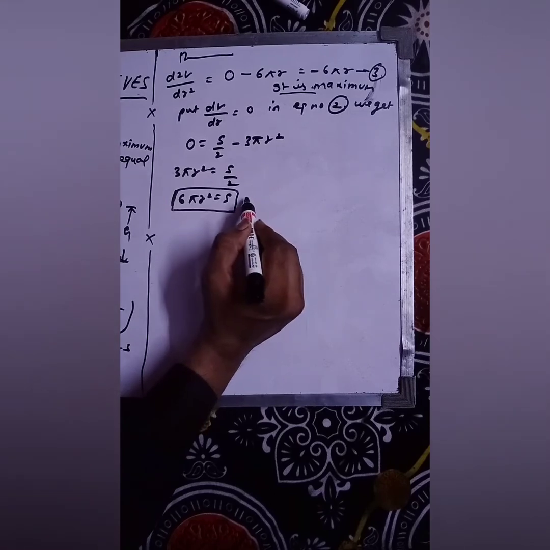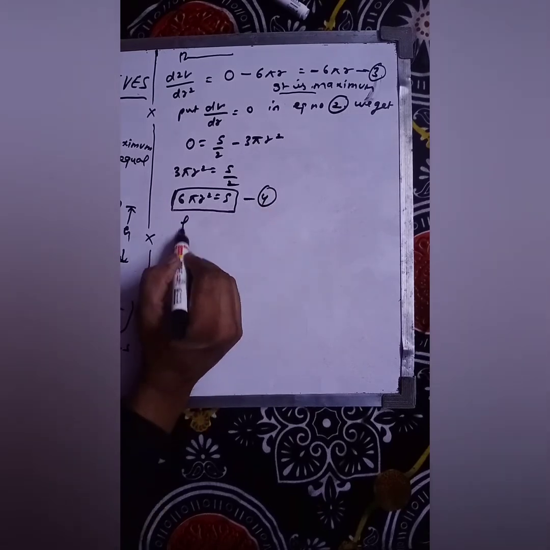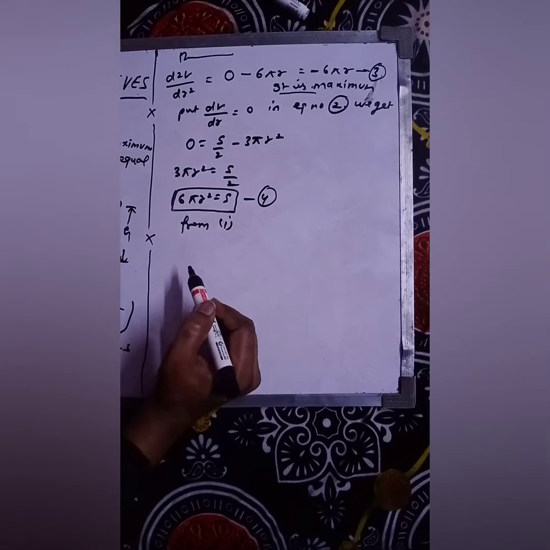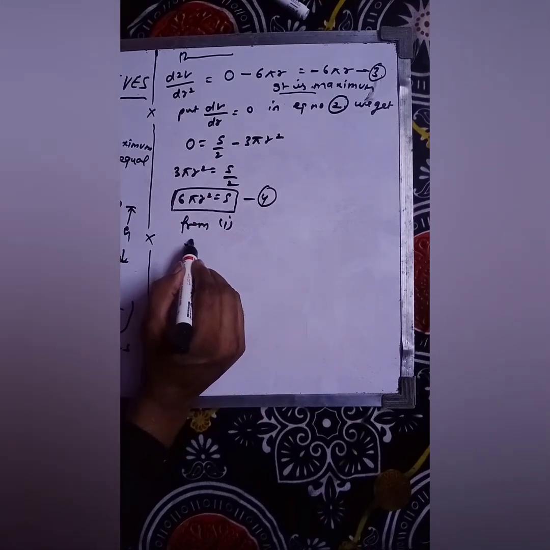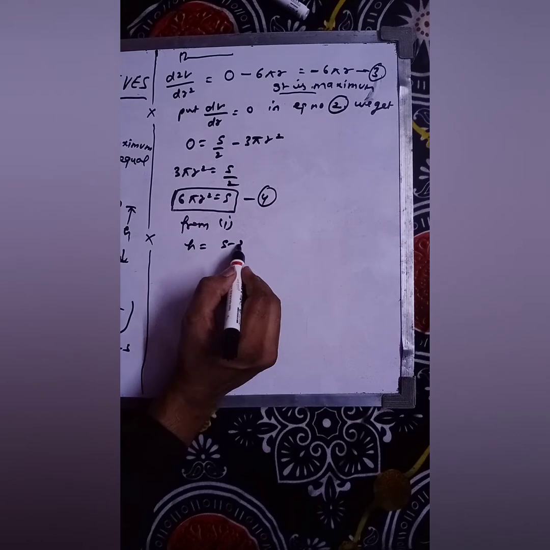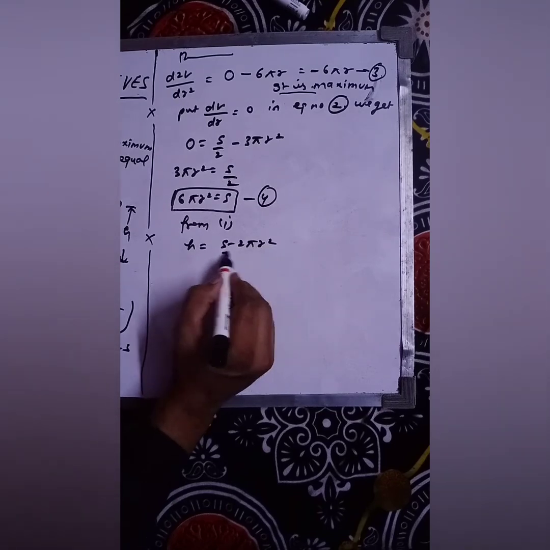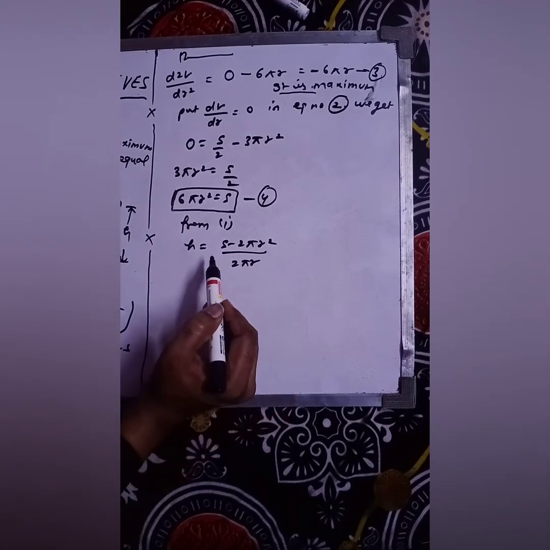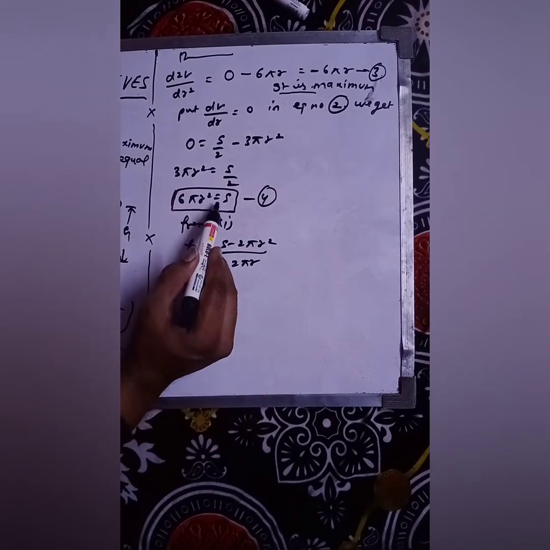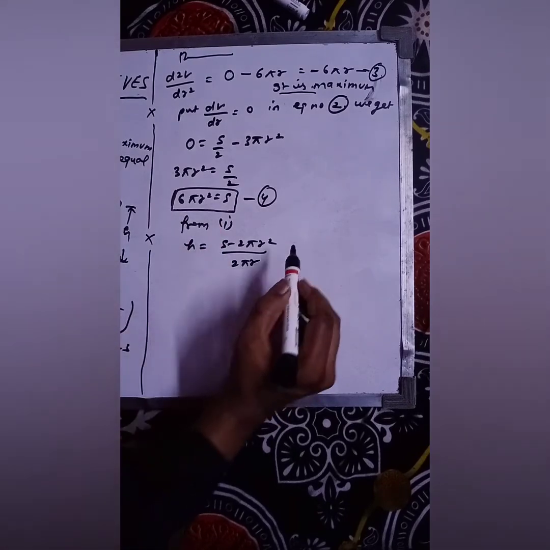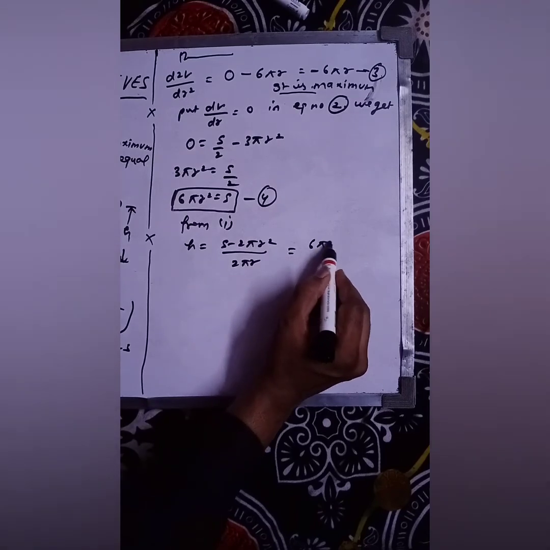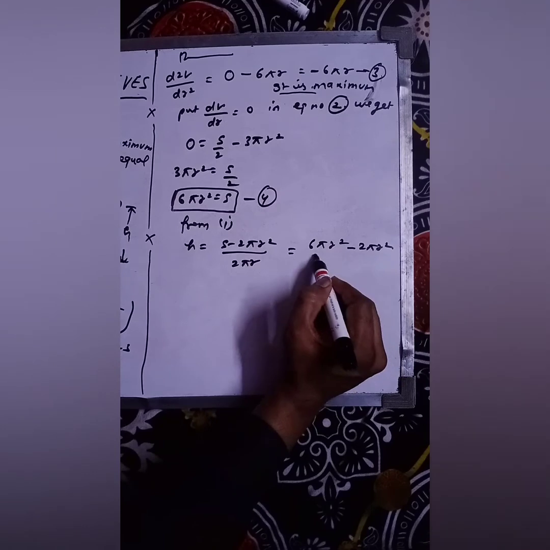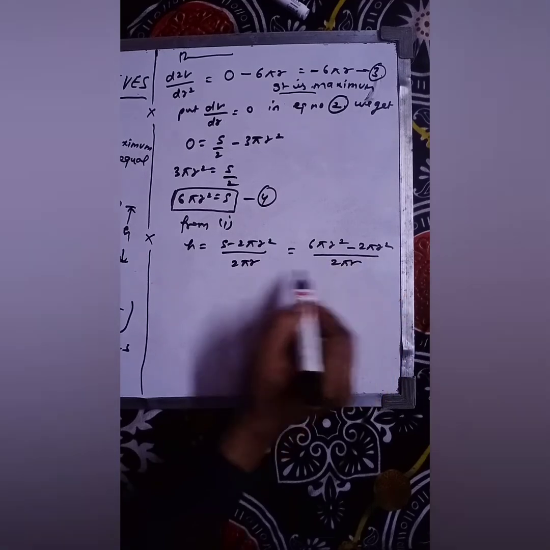Now this is equation number 4. From equation 1, your first equation was h equals (S minus 2 pi r square) over 2 pi r. Now you have to put the value of S in this equation, and you will get (6 pi r square minus 2 pi r square) over 2 pi r.